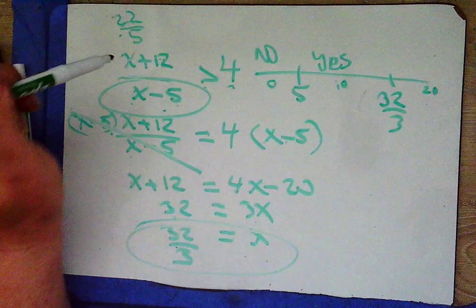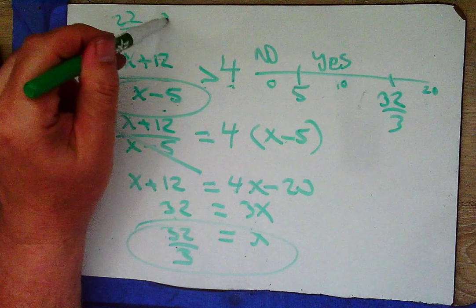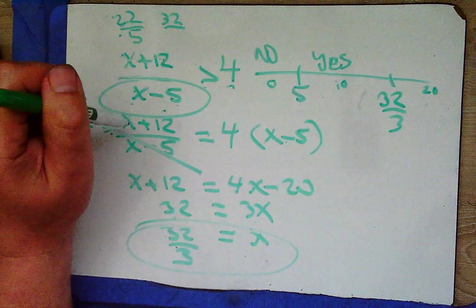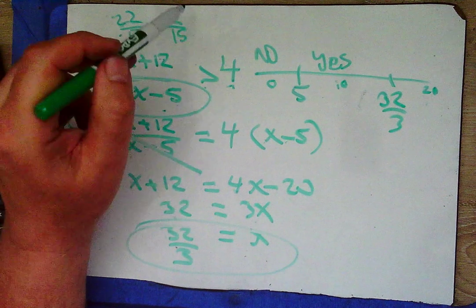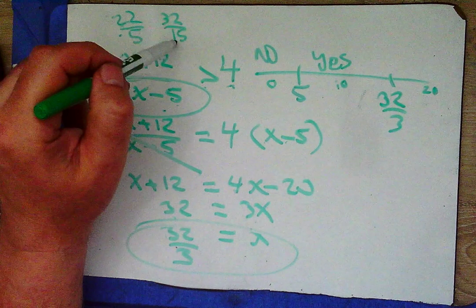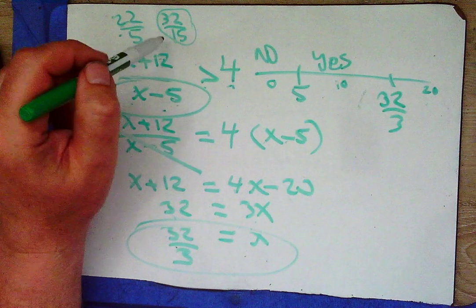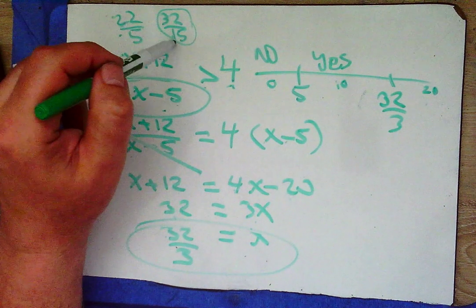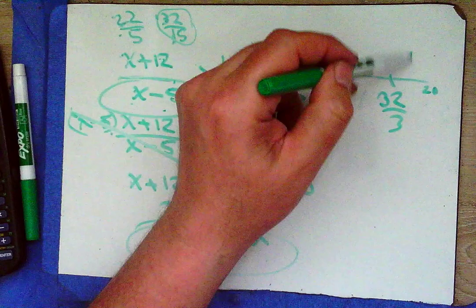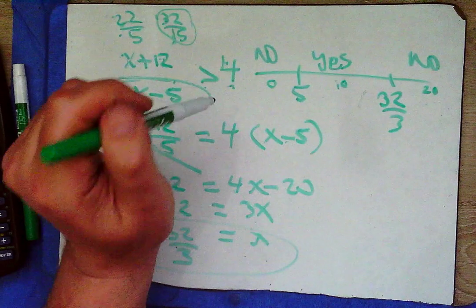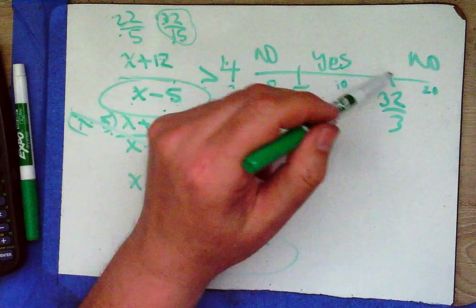And if I plug in a 20, I get 32 on the top, and on the bottom, I get 15. So this is just a little bit bigger than 2, right? Because 15 times 2 is 30. So is 2-ish bigger than 4? No. Now, what about the critical points themselves?